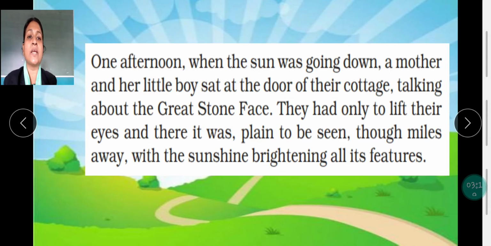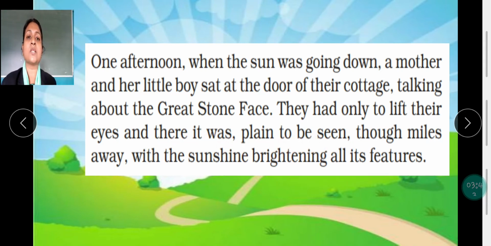So the story begins like this. One afternoon when the sun was going down, that is the sun was setting, a mother and her little boy sat at the door of their cottage, their house or hut you can say, talking about the great stone face. They had only to lift their eyes and there it was, plain to be seen. So it was so close.